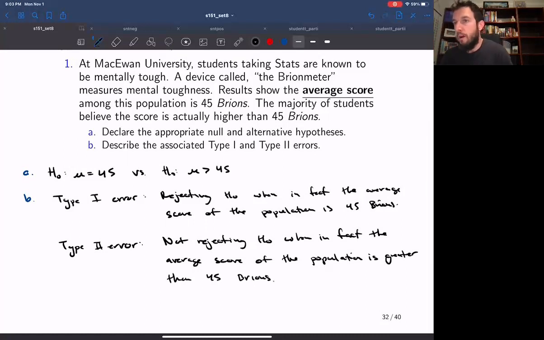Okay, so the type 2 error would be we collect a sample, we do a hypothesis test, and we do not reject the null. Okay.